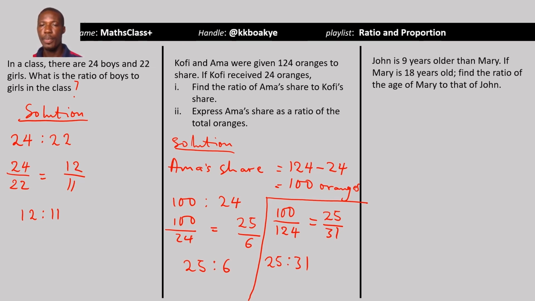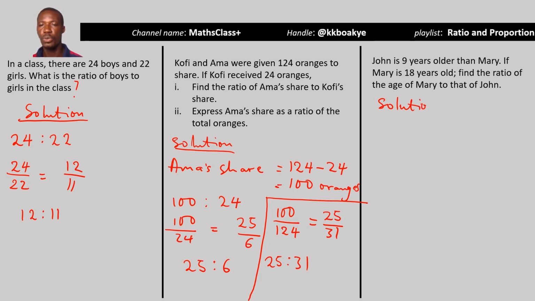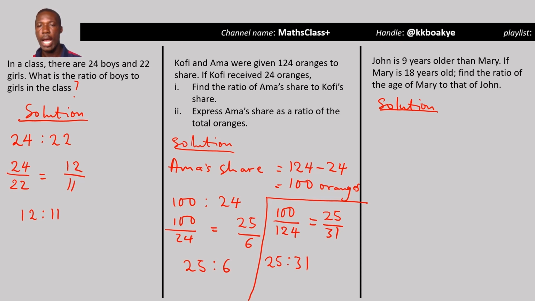So in this example, we see that John's age was not given. It is Mary's age that is given. And John is 9 years older than Mary, which means that when you add 9 to Mary's age, we get John's age.